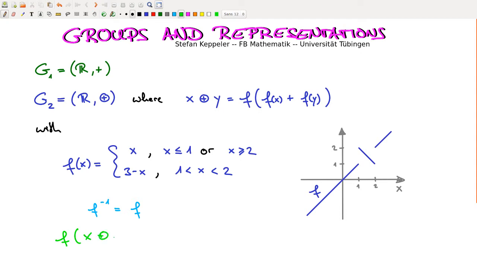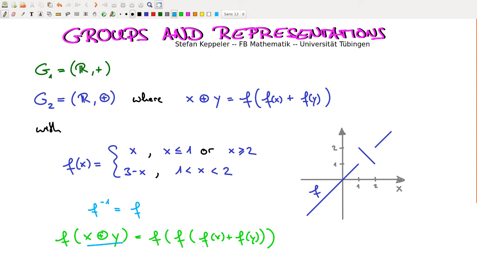So if we look at, say, f of x plus y, the group operation of G2, and what do we get? By definition, here we have one more f on the outside. So we have f of x plus f of y.